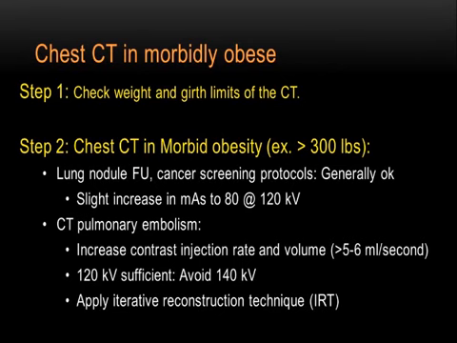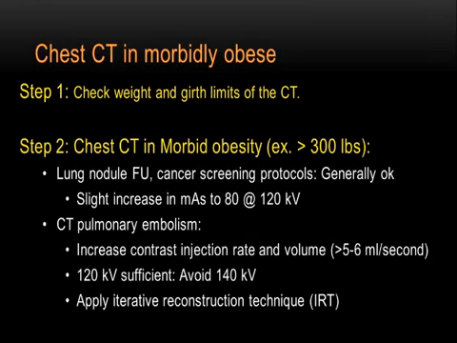And this is where you will need to do several things. If you are interested in CTA, you do need to increase the contrast injection rate and volume. Remember, contrast helps you overcome and read through noise, so you do need to increase that rate. The rate is more important than the volume for CTA studies.